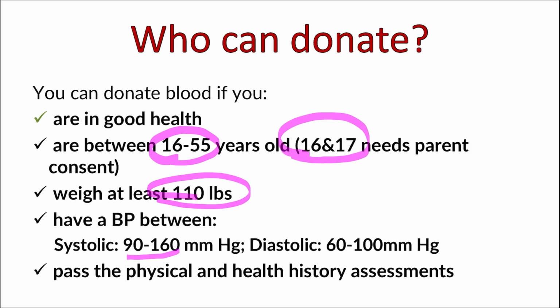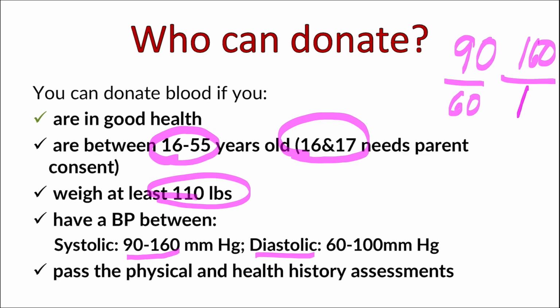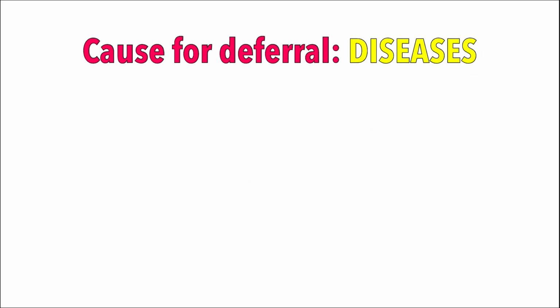BP: systolic 90 to 160, maximum 160. Diastolic 60 to 100. So 90 over 60 to 160 over 100. Those are the allowable BP for a blood donor. Pass the physical and health history assessments of the medtech.